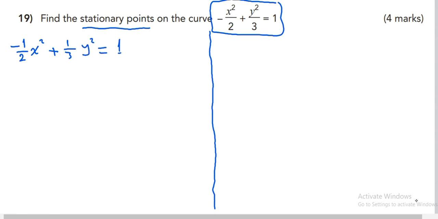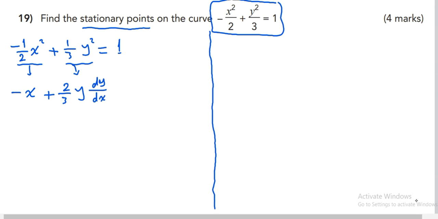Here there are two parts with a plus or minus between them, so we will differentiate each part separately according to its form. Here we will multiply by the power and subtract 1 from the power, so it will be negative x, plus multiply by the power and subtract 1 from the power, it will be 2 over 3 y. Here in this part we will add dy by dx, or you can write it as y dash.